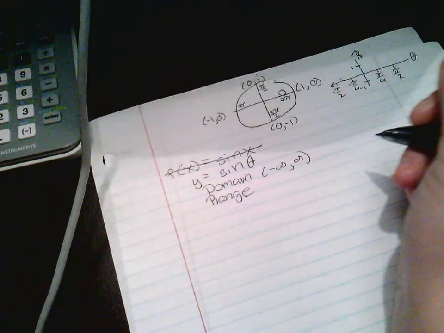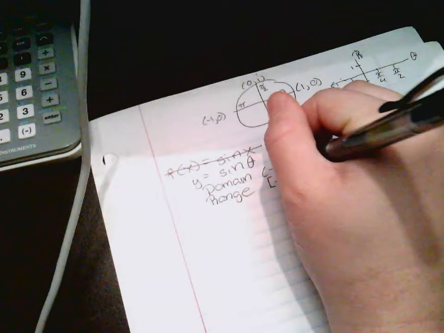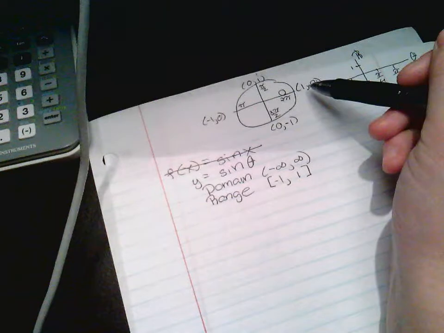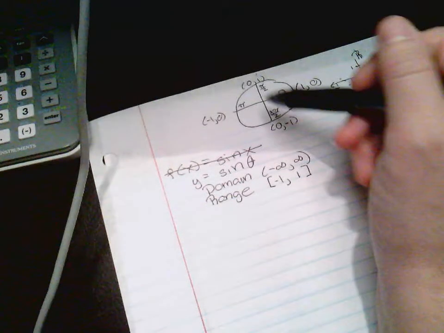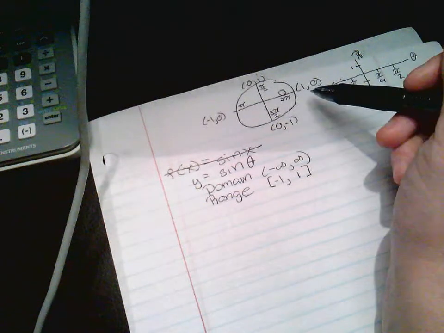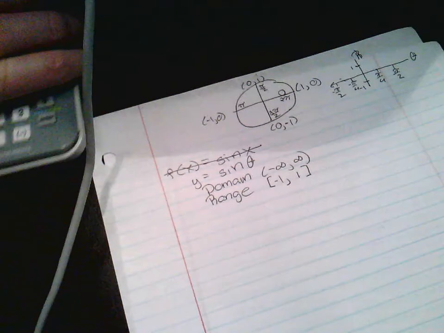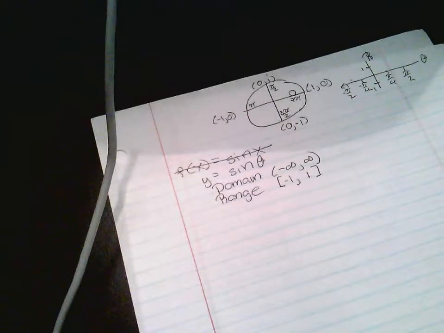Because as you can see on the unit circle, sine does not go lower than negative 1. It doesn't go higher than 1, so you don't see any 2's. Square root of 3 over 2 is, oops, sorry. Sine of pi over 3, the square root of 3 over 2, is I'm pretty sure 0.86. So let me do that really fast in the calculator.